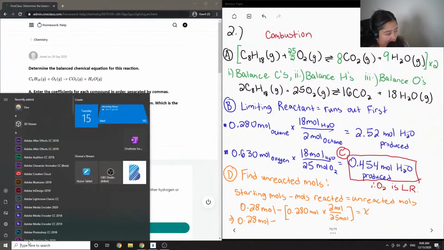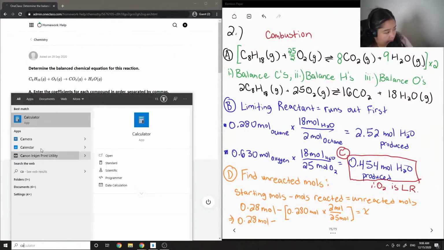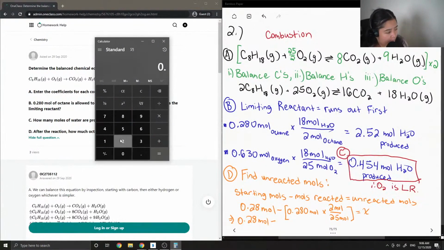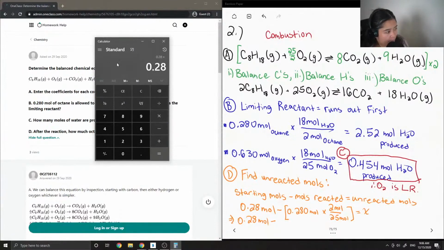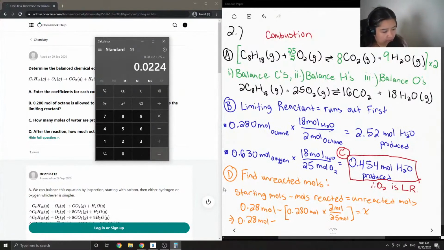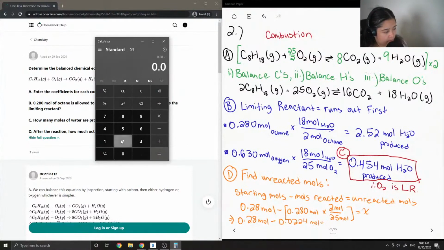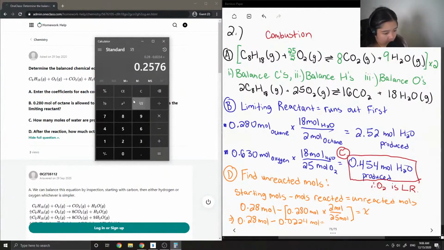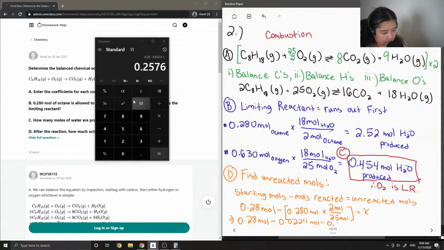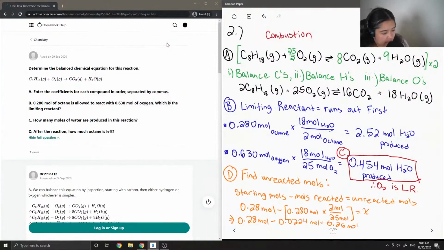Okay, so let me just calculate this. Should get around 0.26 moles left over.